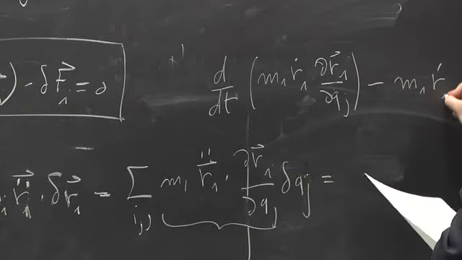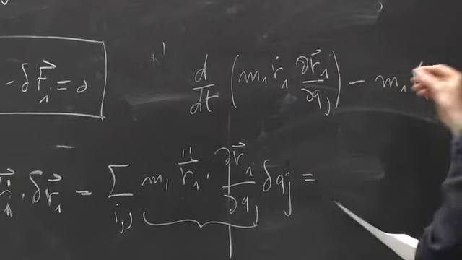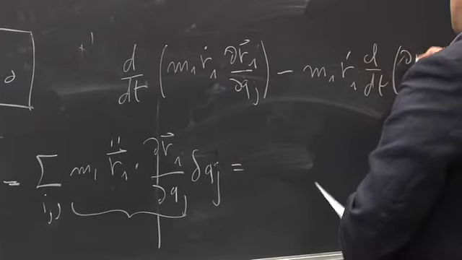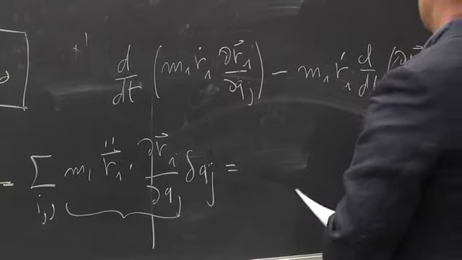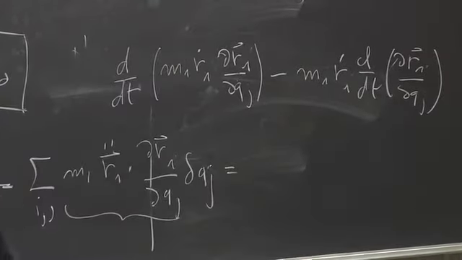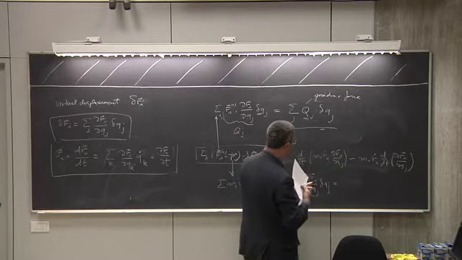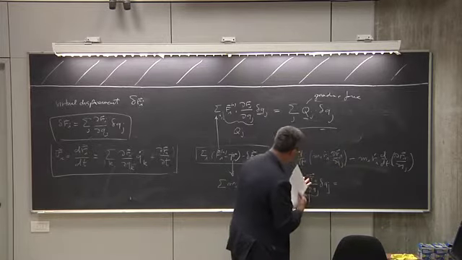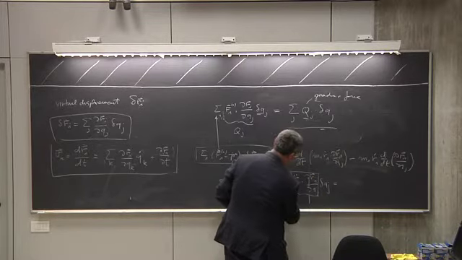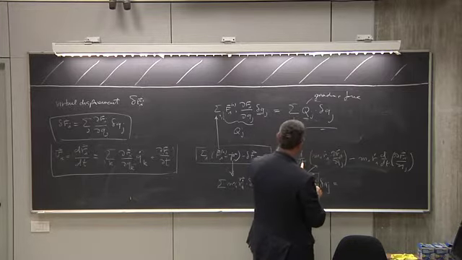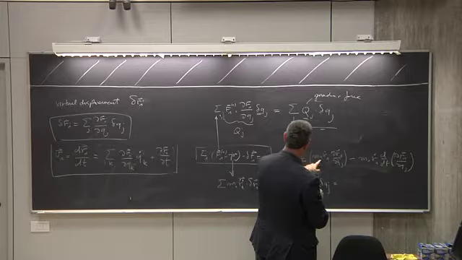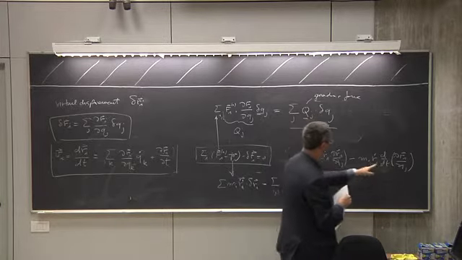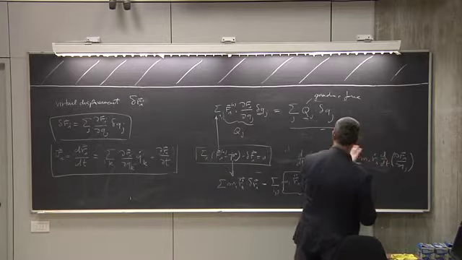Mi ri dot times the time derivative of the last piece. Right? You see that? This sum is equal to this term, just this term here. Because I go inside this, and first I hit this, I get the acceleration. So this is this term, right? But then I also get this term here, but then I subtract this. So this difference is equal to this.